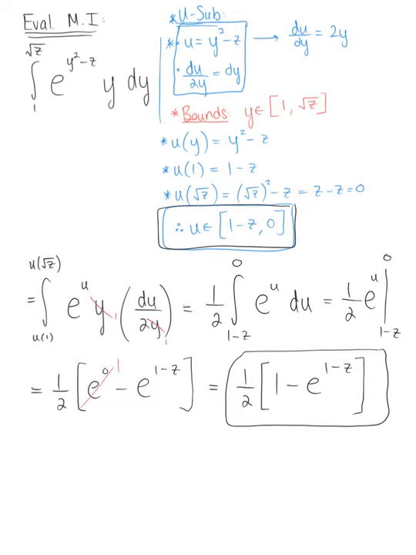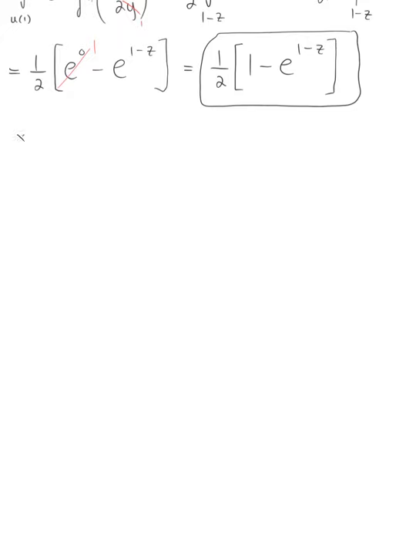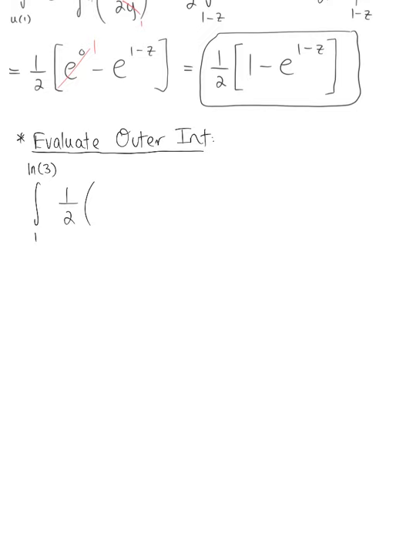And so we can now take this middle integral and substitute it back into the triple integral to evaluate the outer integral, which is with respect to z. So the outer integral bounds were from 1 to the natural log of 3, and the integrand now is 1/2 multiplied by 1 minus the natural exponential raised to the 1 minus z dz.